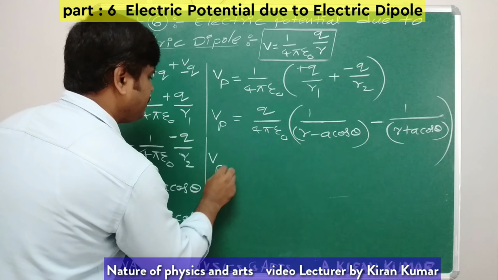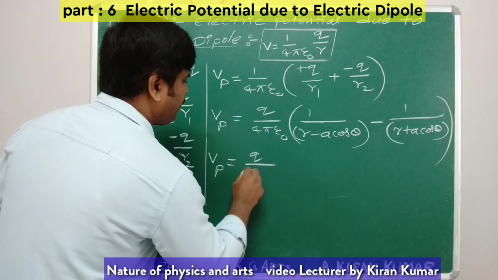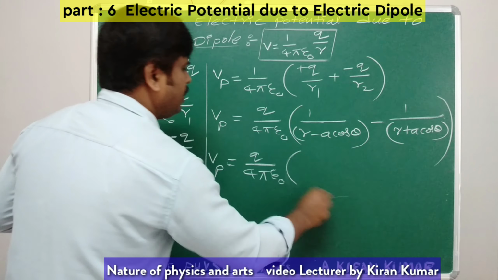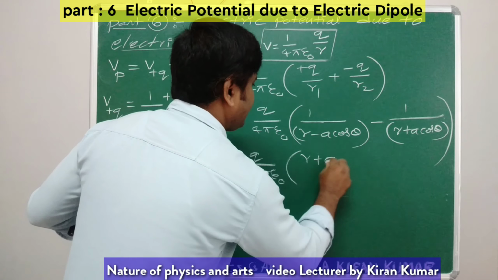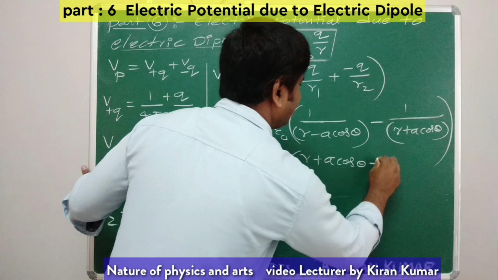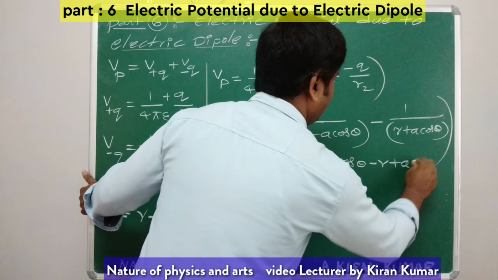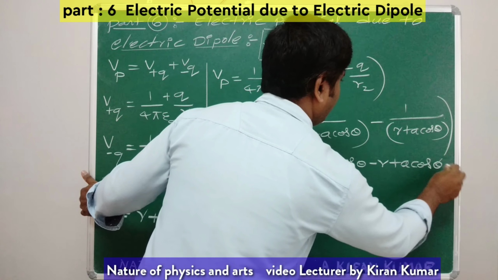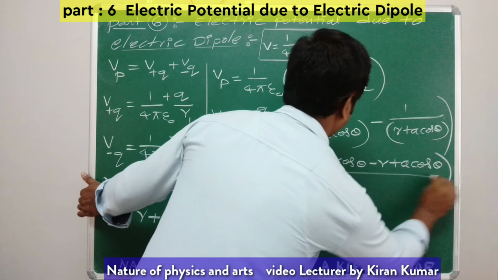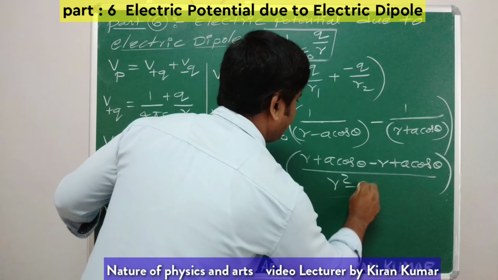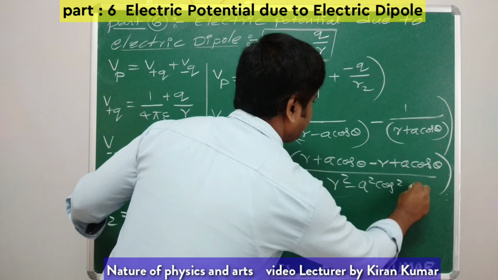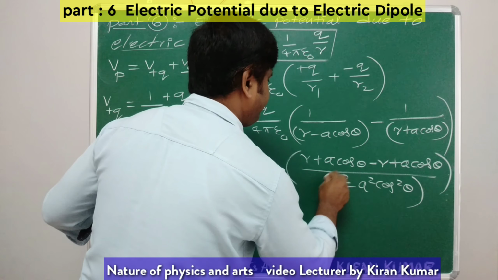So Vp is equal to q divided by 4 pi epsilon naught, into (R plus A cos theta minus R plus A cos theta) whole, divided by R square minus A square cos square theta.